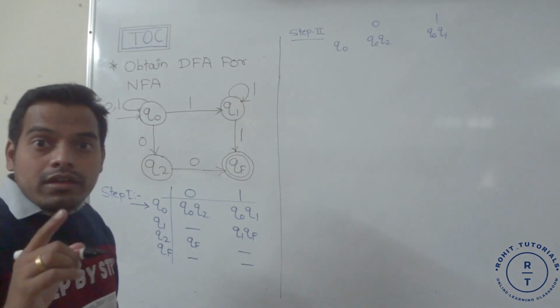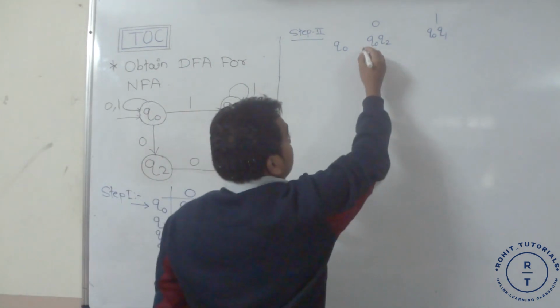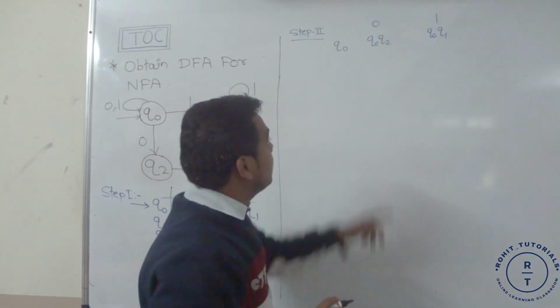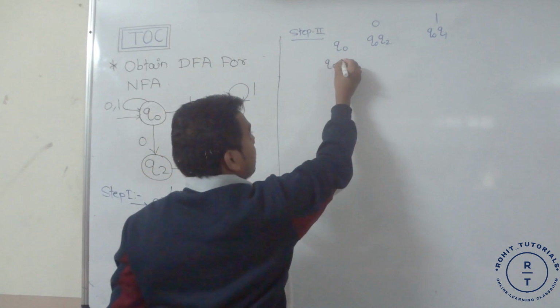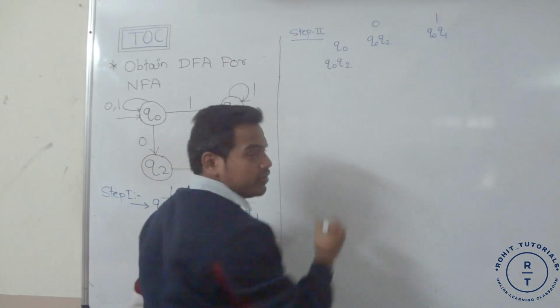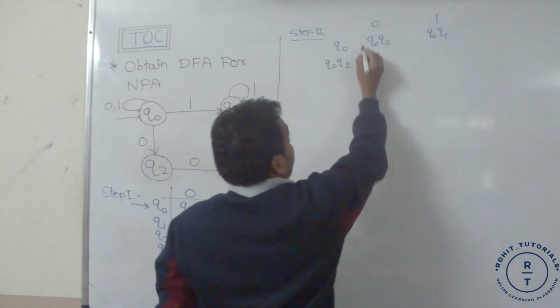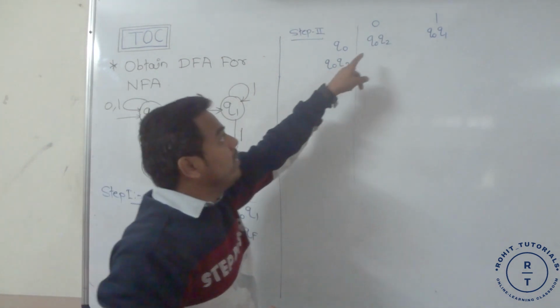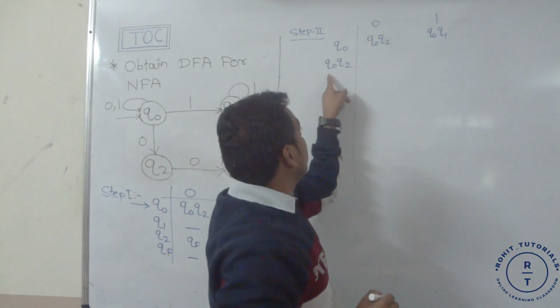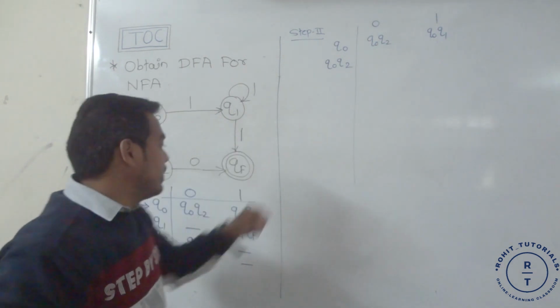Now find out the new state in the transition table. Here the new state is Q0, Q2. So write it in the state column Q0, Q2. Find out what happens whenever input 0 occurs at Q0, Q2 state combined.